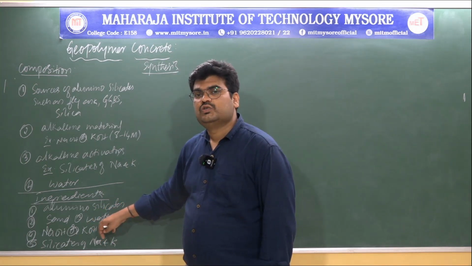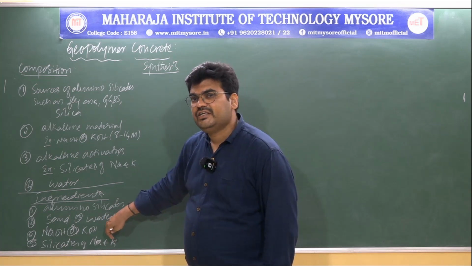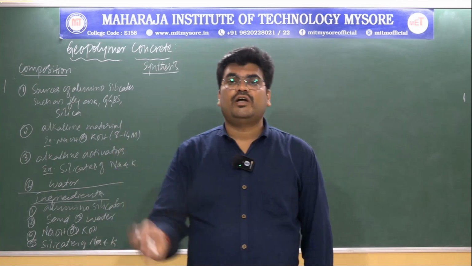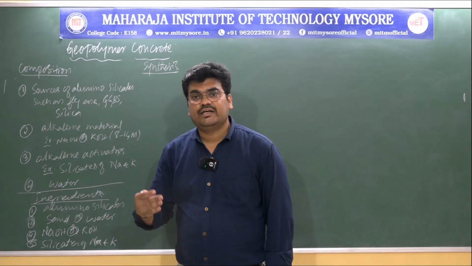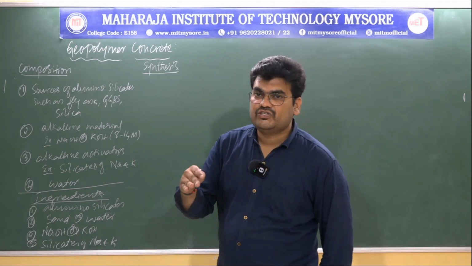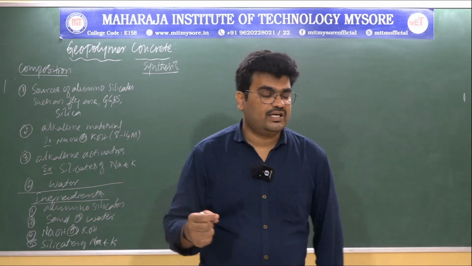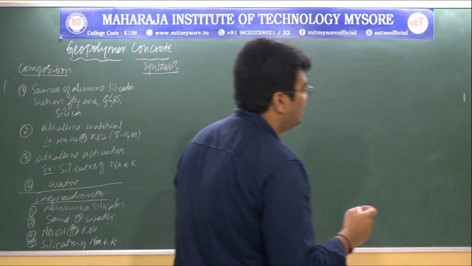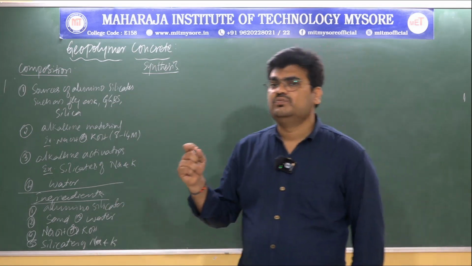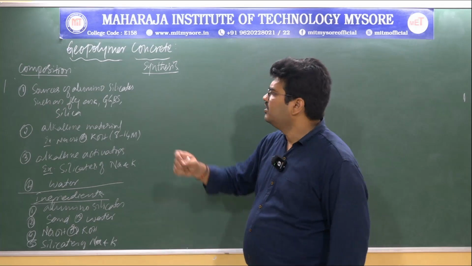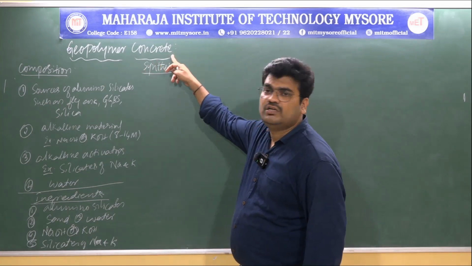If you maintain a temperature of 60 degrees Celsius, it undergoes geopolymerization, that is a polycondensation reaction with the liberation of water molecules, and if you cure and mix it properly, you are going to get geopolymer concrete.